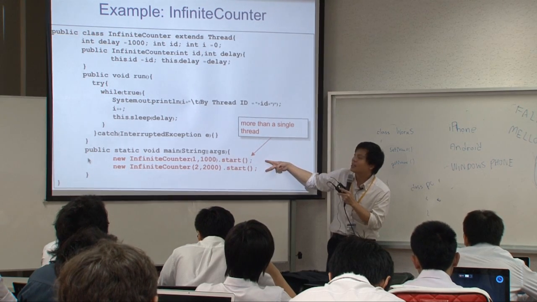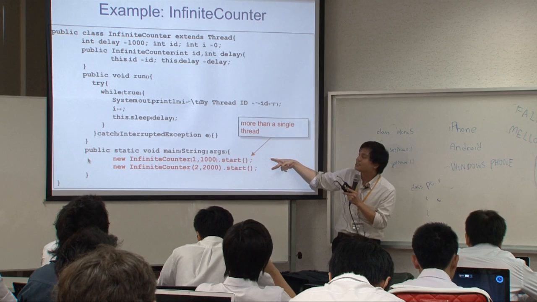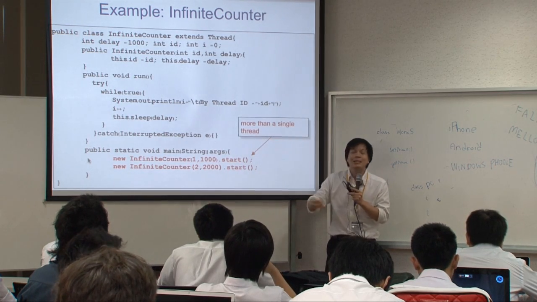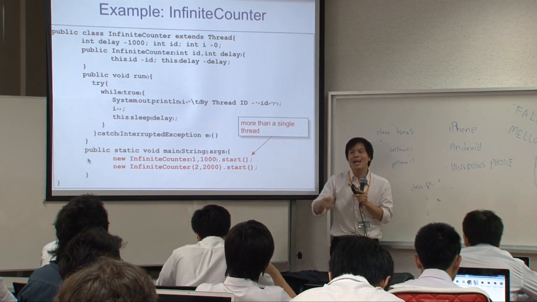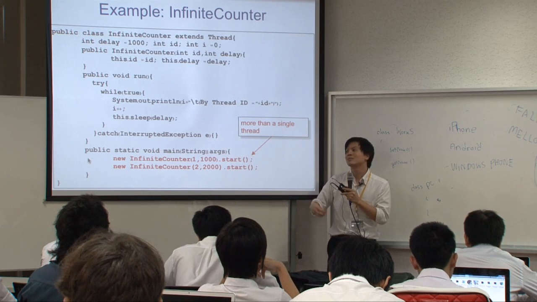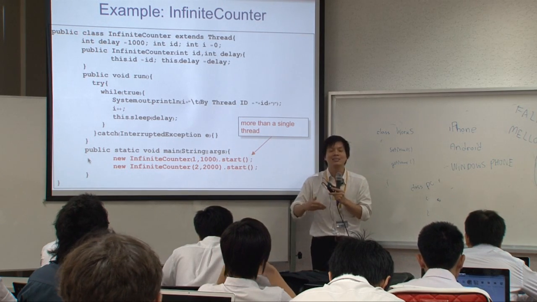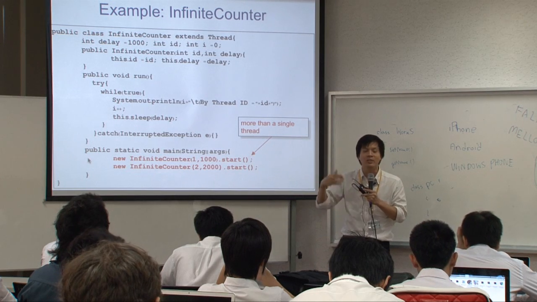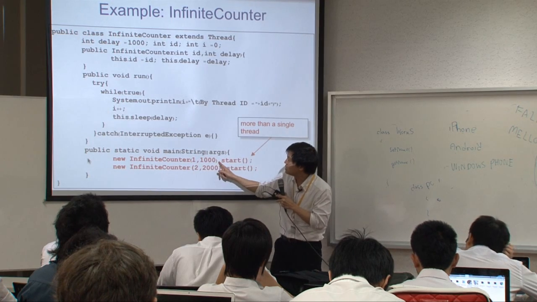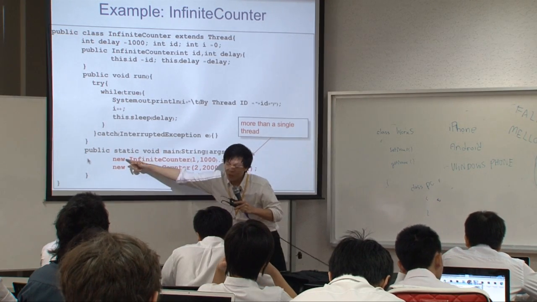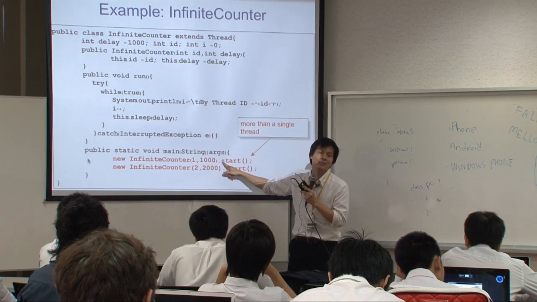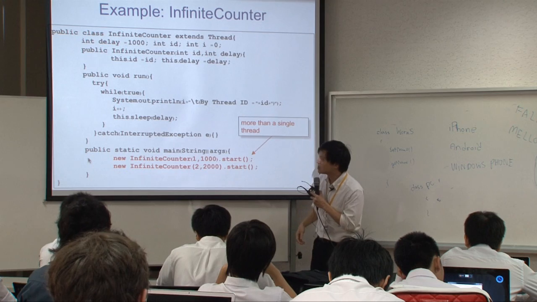Another thing to notice here is that this is a style of programming for when you would like to create a thread and just start it, and you don't have any desire to do anything more with that thing. So we do not need variables. We can just do new InfiniteCounter, this whole thing will be considered as an object of the class InfiniteCounter. And then we invoke the method start without wasting any variables, right?